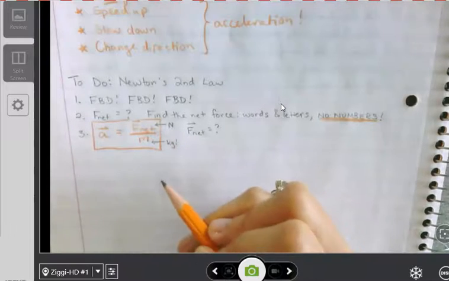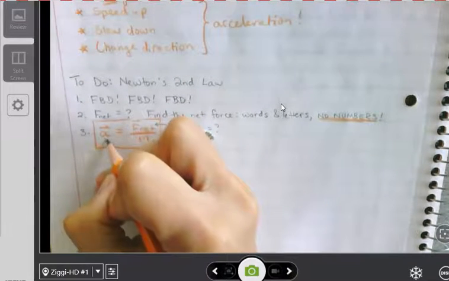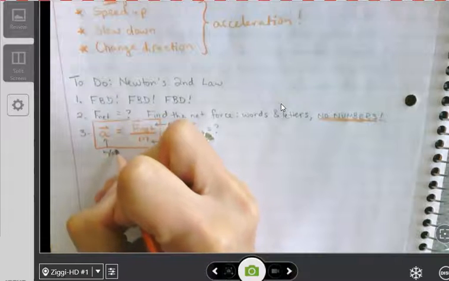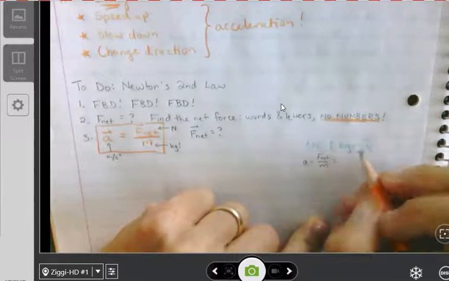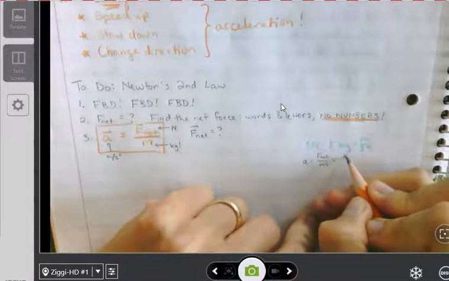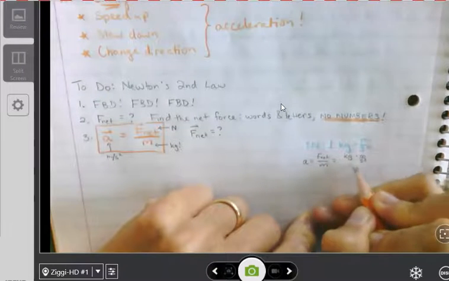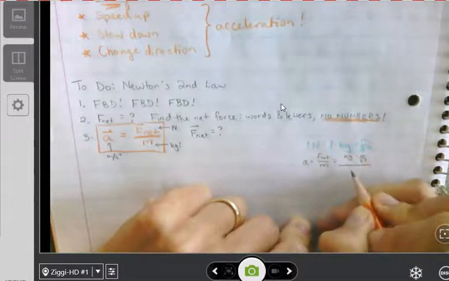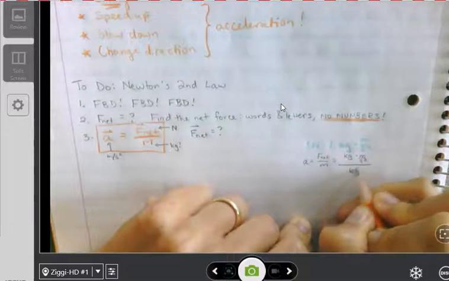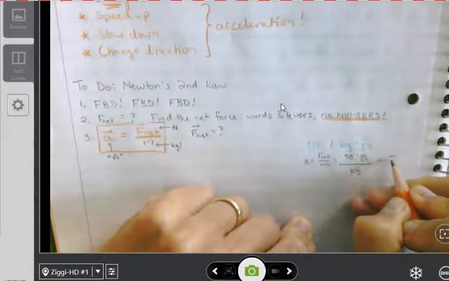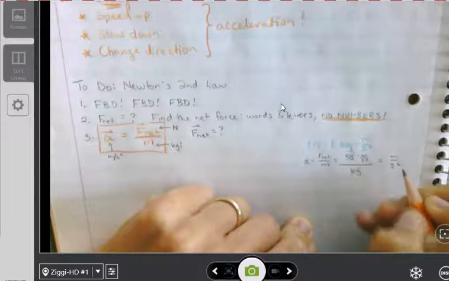Check your units, substitute, and solve. When you're done, you should be getting an acceleration in meters per second squared. Unit analysis says 1 kilogram meter per second squared divided by kilograms crosses out the kilograms and gives us the meters per second squared that we expect for acceleration.